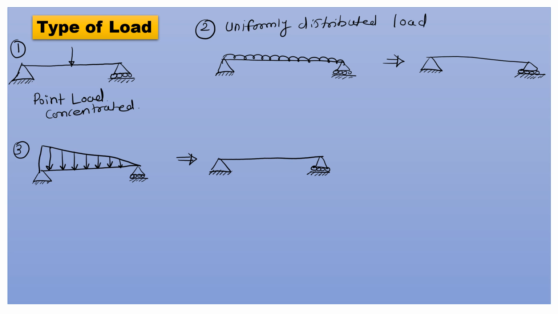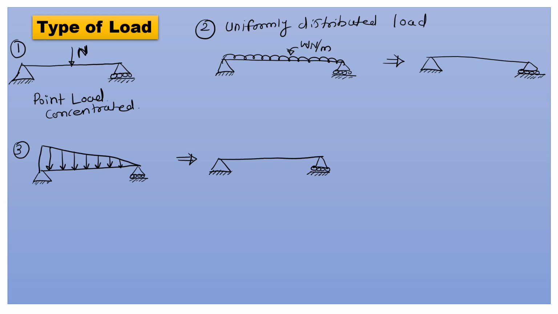This is how it is represented, and this is in, for example, W per meter. And this point load is represented in Newton. This is not in meter or anything, this is directly in Newton. We take the UDL as W Newton per meter.